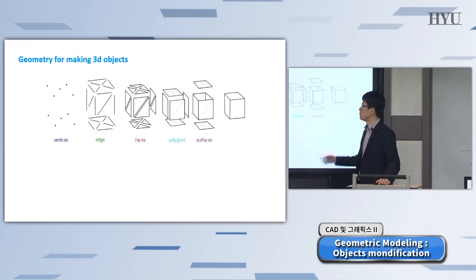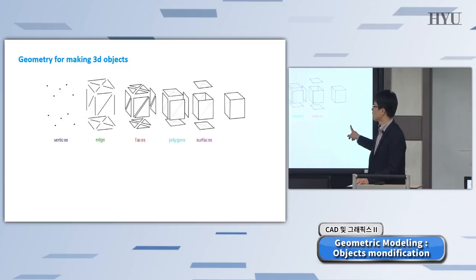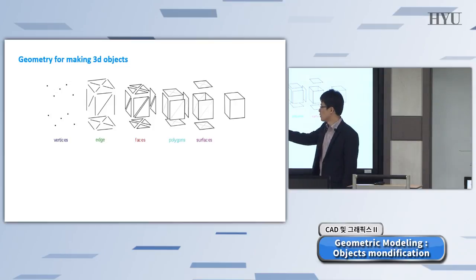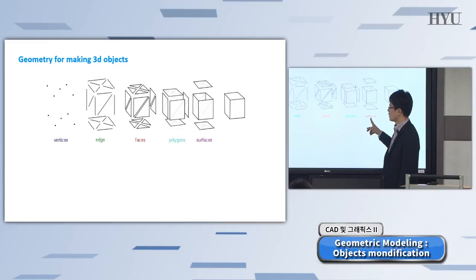As I showed you before, this is your geometry. You created a box object in SketchUp or 3D Max, Maya, Blender, whatever, okay? You have to know its subcomponents, okay? The subcomponents listed here are vertices, edges, faces, polygons, surfaces.